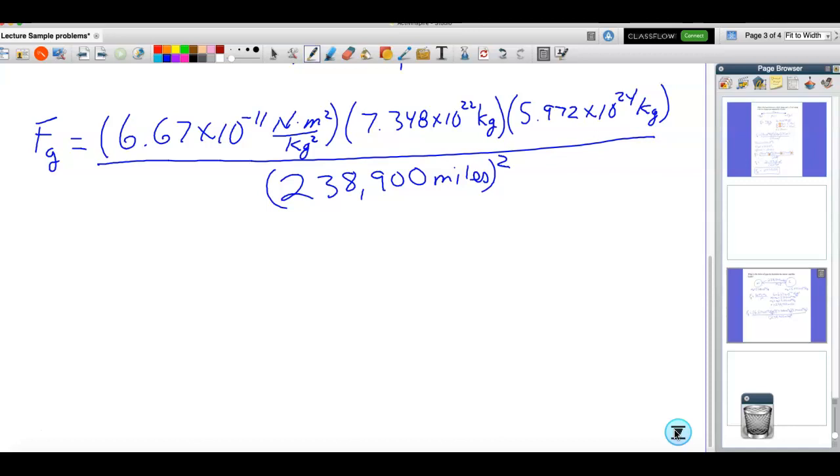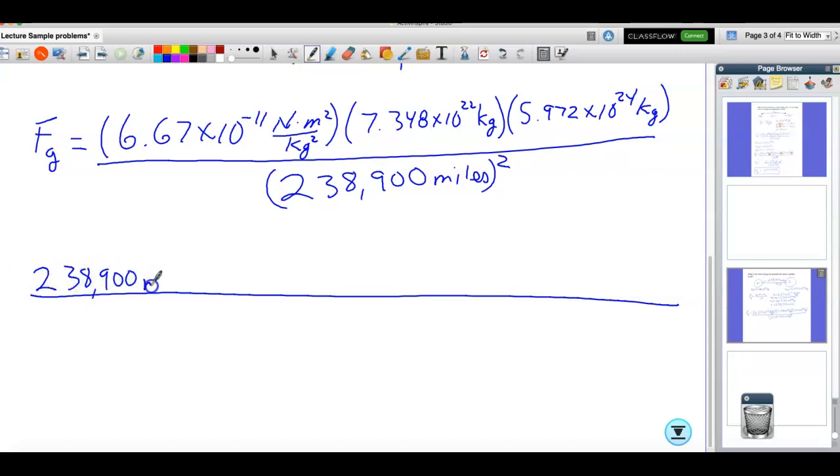So let's do our conversion on our miles. Let's draw our line. We have 238,900 miles. There's our separation. So what are our conversion factors? Well, I know these. I know that 1 mile equals 1.61 kilometers. Okay, and now do we want it in kilometers? No, because our gravitational constant is in meters, so we want it in meters.